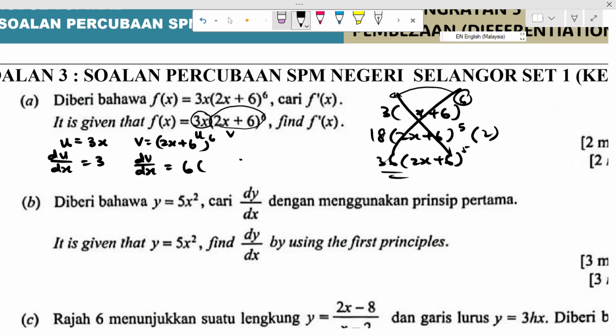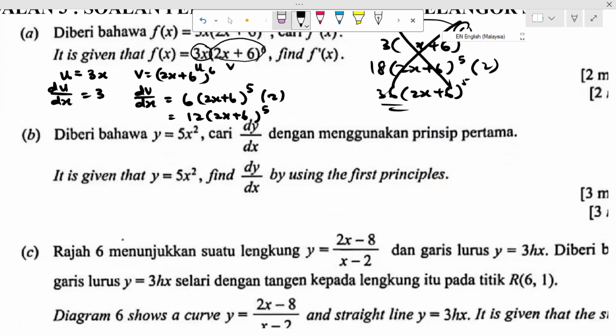The outside, reduce the power by 1, followed by differentiate the inside, which is 2. So the inside, you do outside only, the inside unchanged. And therefore you will have 12, 2x plus 6 raised to the power of 5. So now we're going to combine them, cross multiply to plus them, okay? So your dy/dx will be, now how do you write the multiplication symbol? It's this stroke first, then this stroke, right? So we shall use this one, the first and the second.